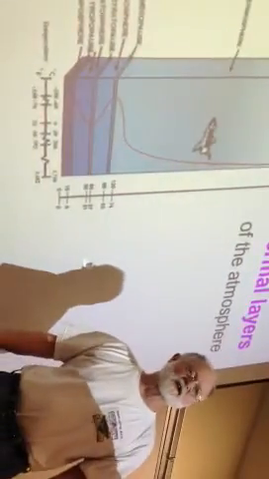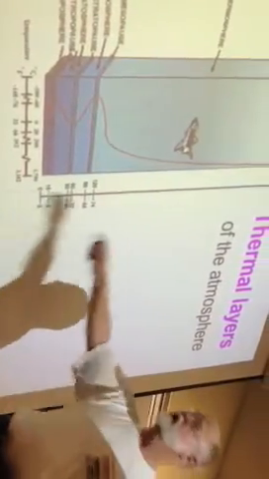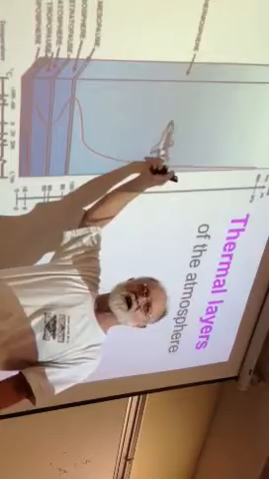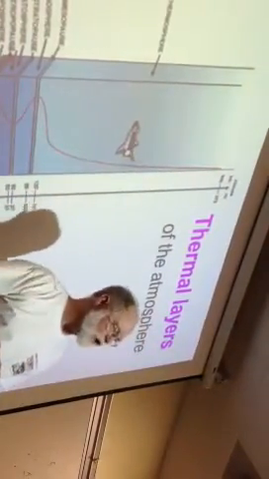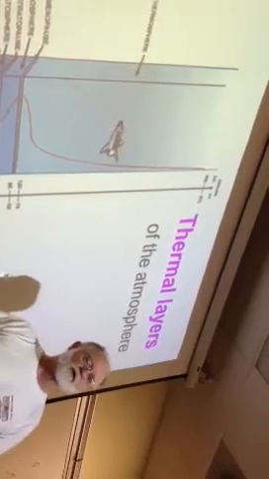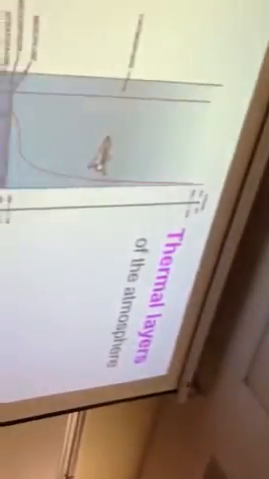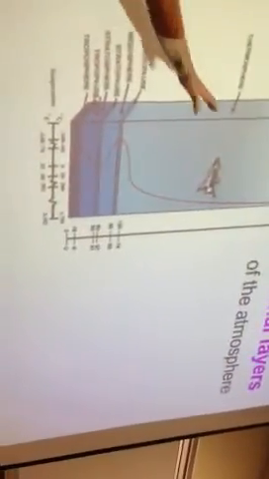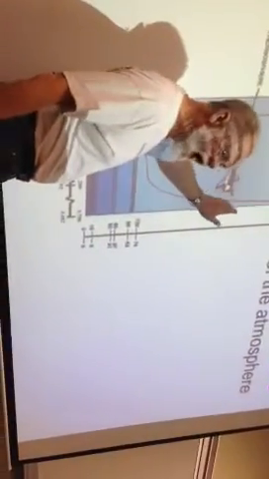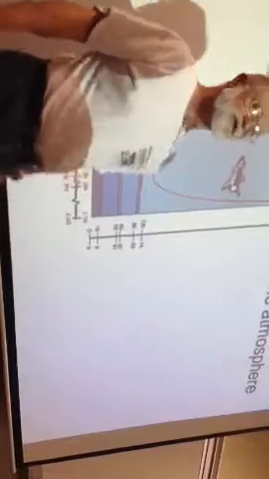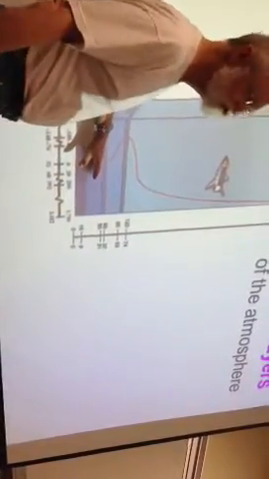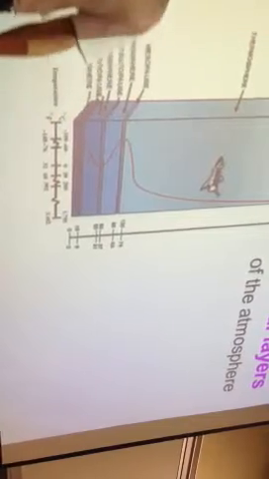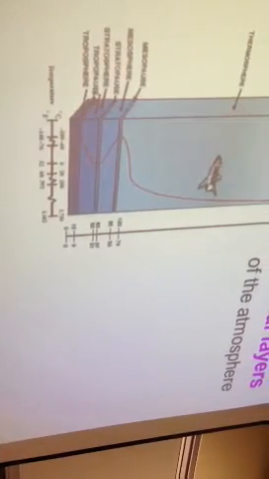Did I say ozonation? I lied to you. In the thermosphere, it's ionization. Ion formation. I-O-N. You all should remember and know what an ion is. A broken atom. Now, in the thermosphere, we have the ions protecting us from gamma and X. Right? In the stratosphere, we have ozone protecting us from ultraviolet.